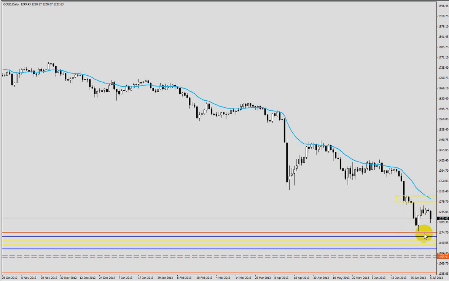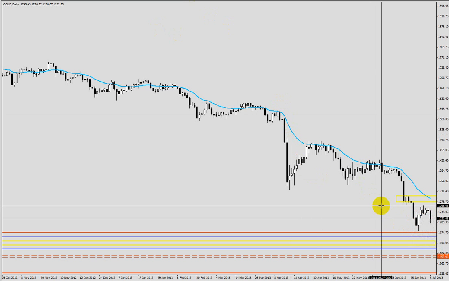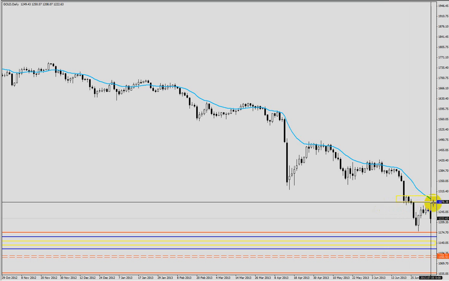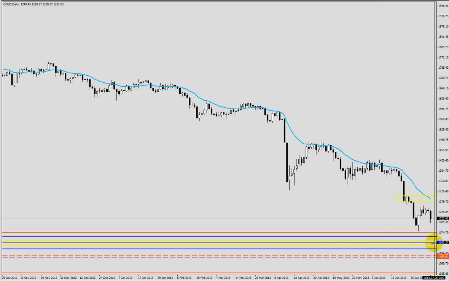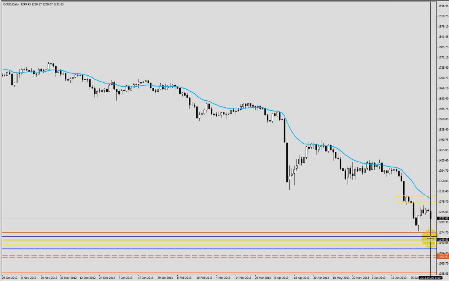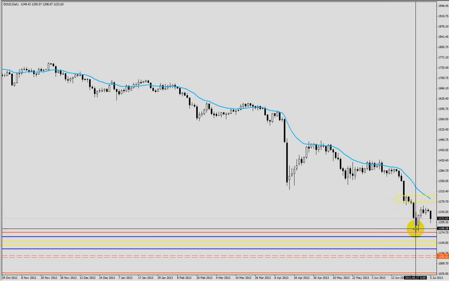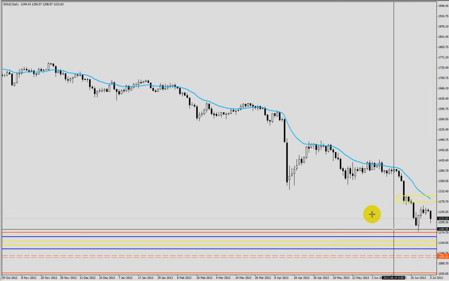So the possibility that we will try to break down 1180 is quite high. The move above last week high, above 1265, will face the resistance a few dollars higher. So still, is it possible the bears will try to break down to test some levels below 1180?